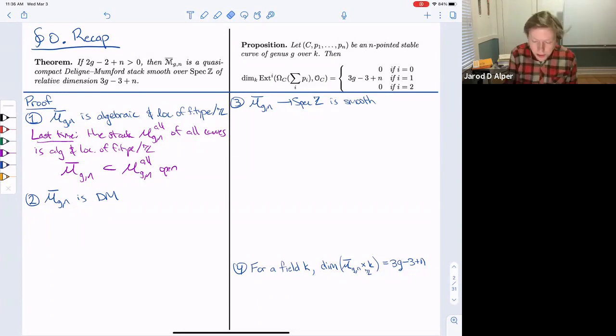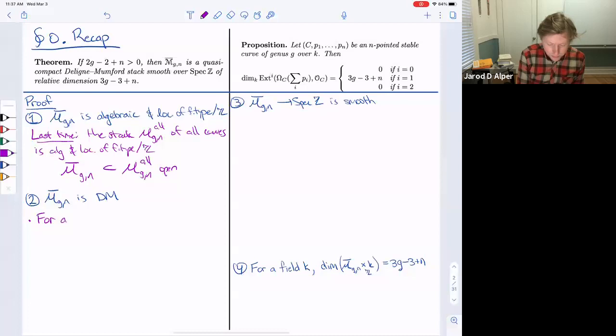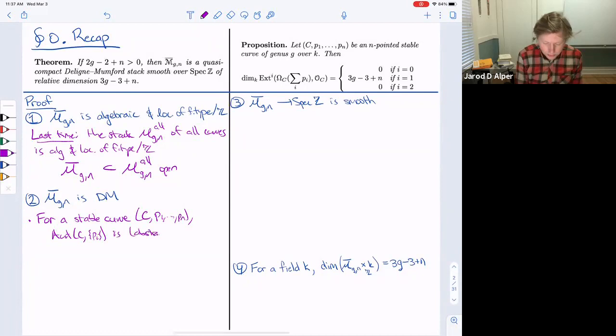Great. So once it's algebraic, then to conclude that it's Deligne-Mumford, we need to know that for an n-pointed stable curve, the automorphism group, the abstract automorphism group, is an abstract finite group.